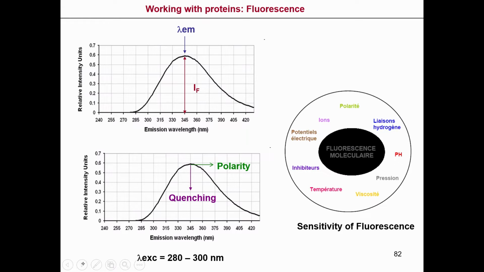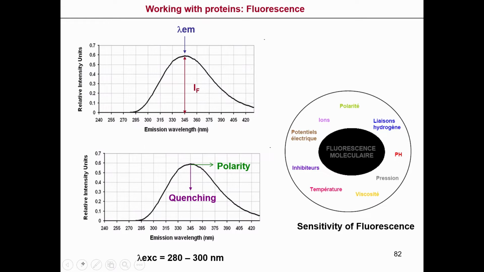So typically, when we perform experiments with denaturant, surfactant, or other molecules, or for example, if we increase the temperature of the solution, we will have a change in the emission spectrum.